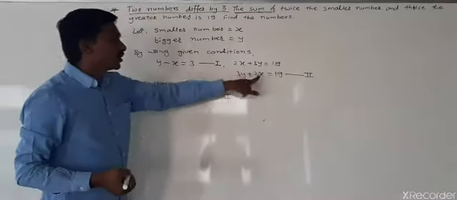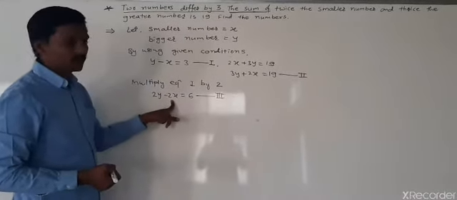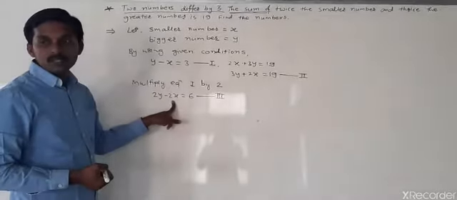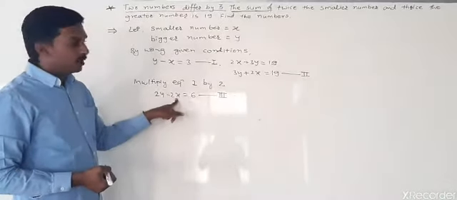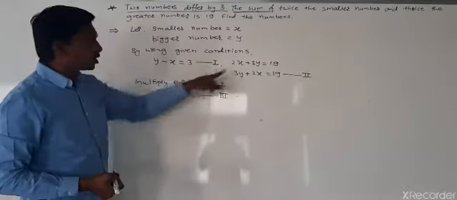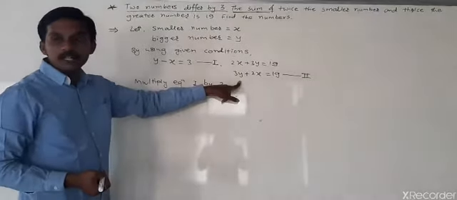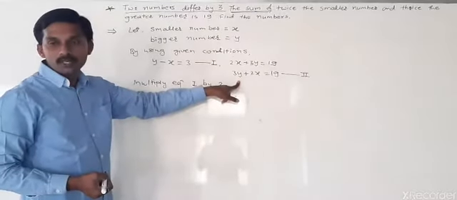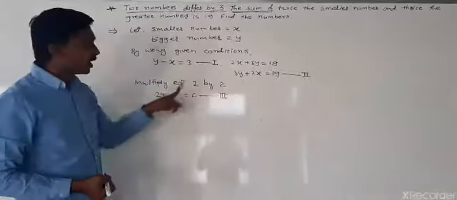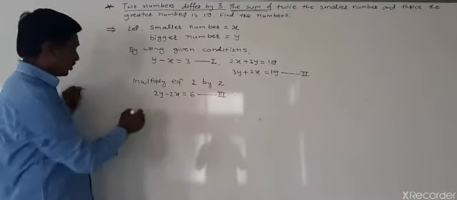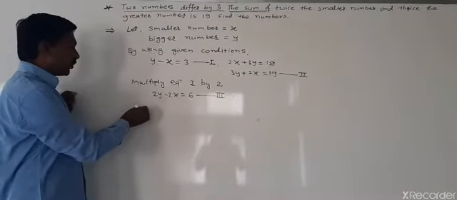Now in equation 2 and equation 3, we have the coefficients of x equal. If we add equations 2 and 3, then x will be eliminated and we will get the value of y.